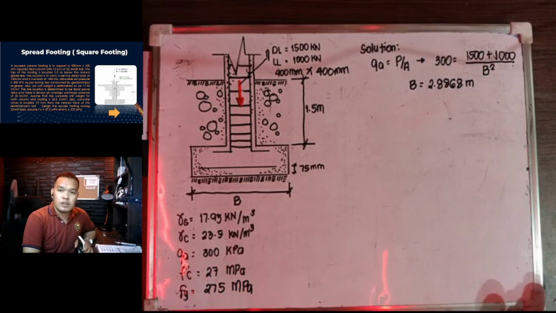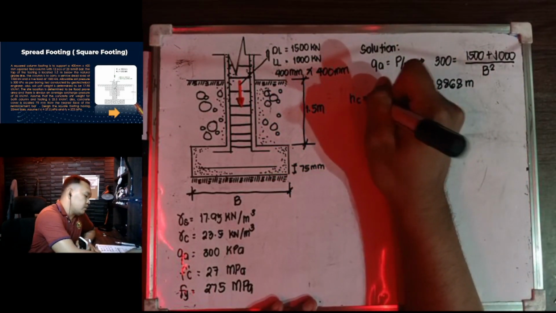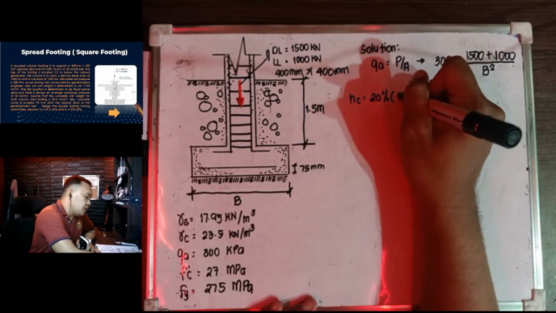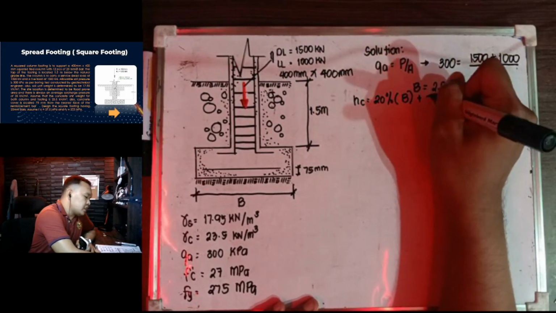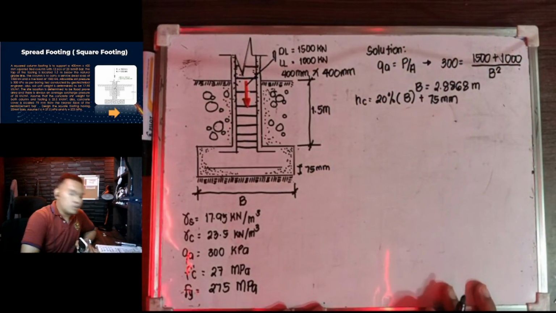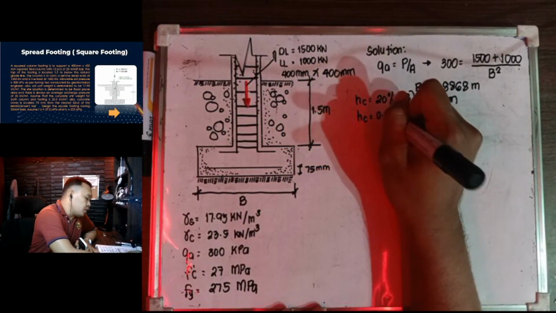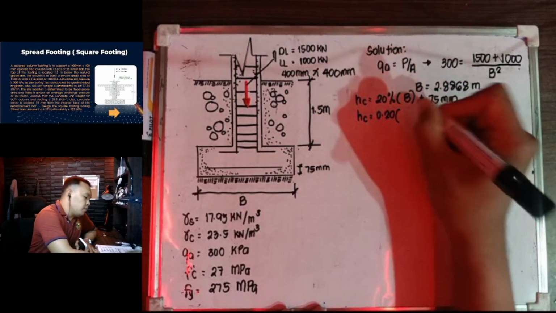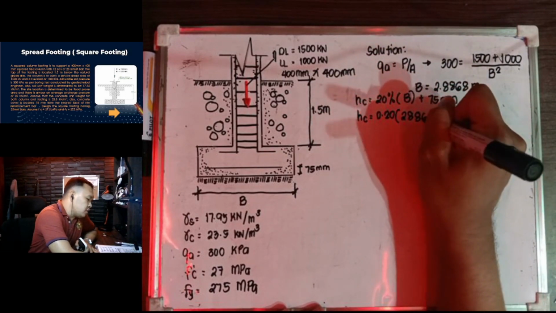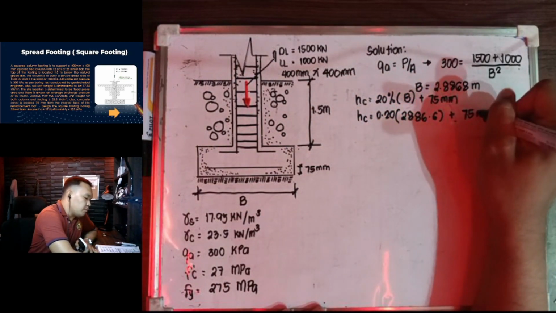Then, we could get the assumed thickness using the formula HC is equivalent kay 20% of the B plus 75 mm. Okay? So, we have here HC, which is equivalent kay 0.20 multiplied by B, which is 2,886.6 plus 75 mm.